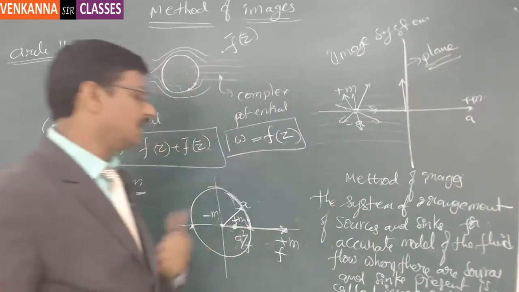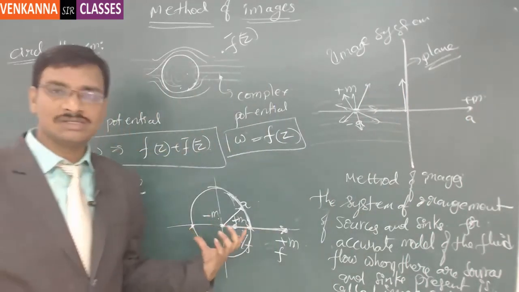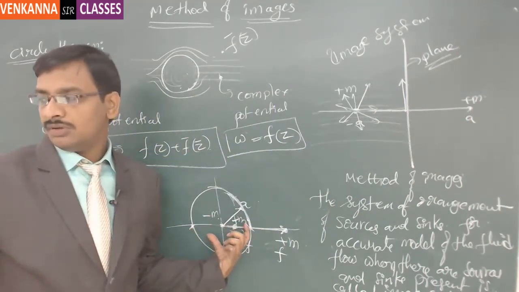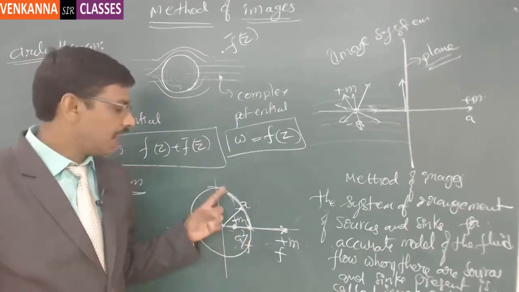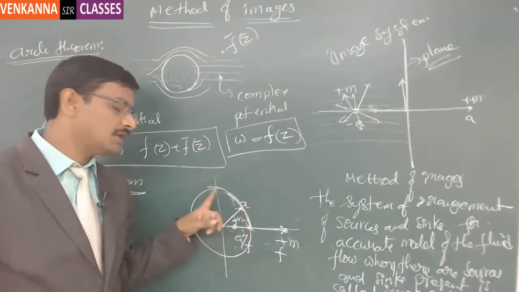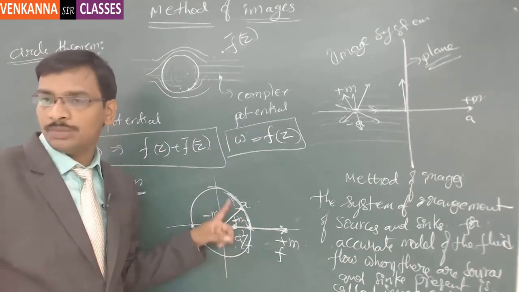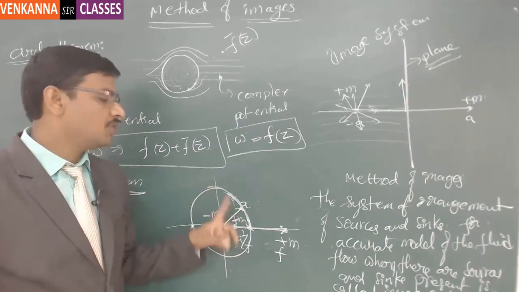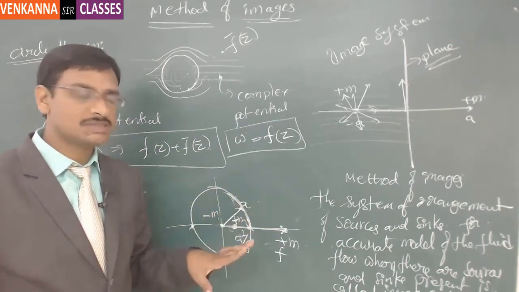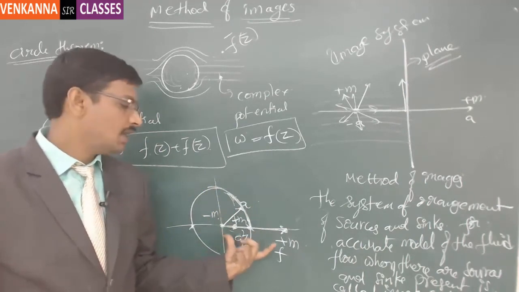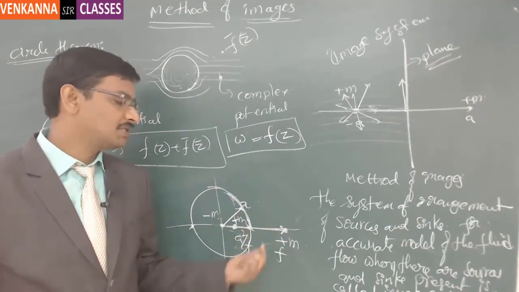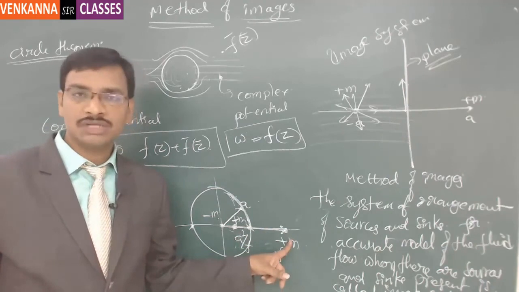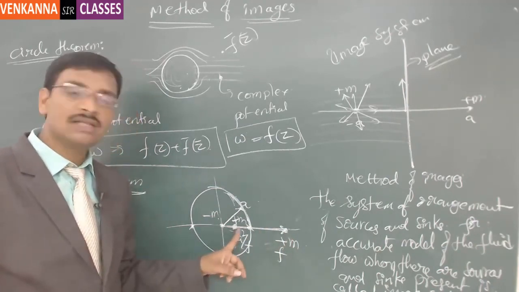Now in case of a circle, you have introduced a cylinder here. This circle has to assure that the flow of the fluid on the circle is tangential. For that, you have to introduce the sources and sinks as an image system. That image system would contain one source outside and one source inside, exactly the counterpoint.